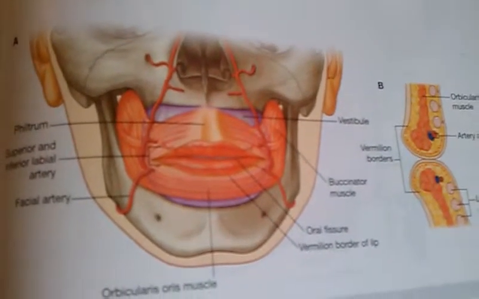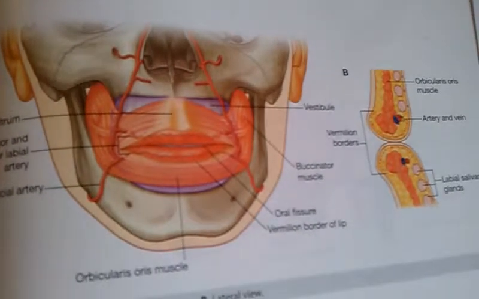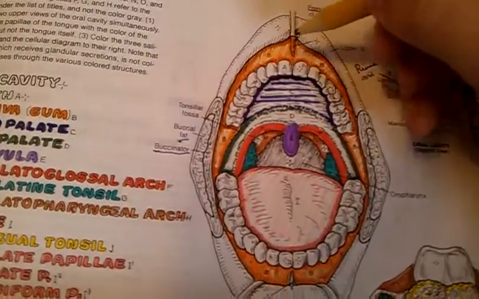Internally, each lip is connected to the gum below the teeth by the labial frenulum. Here you can see the frenulum.